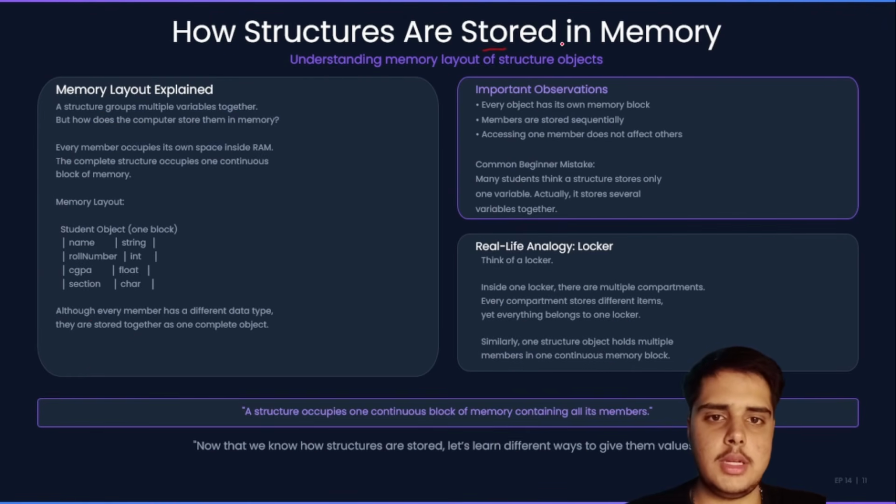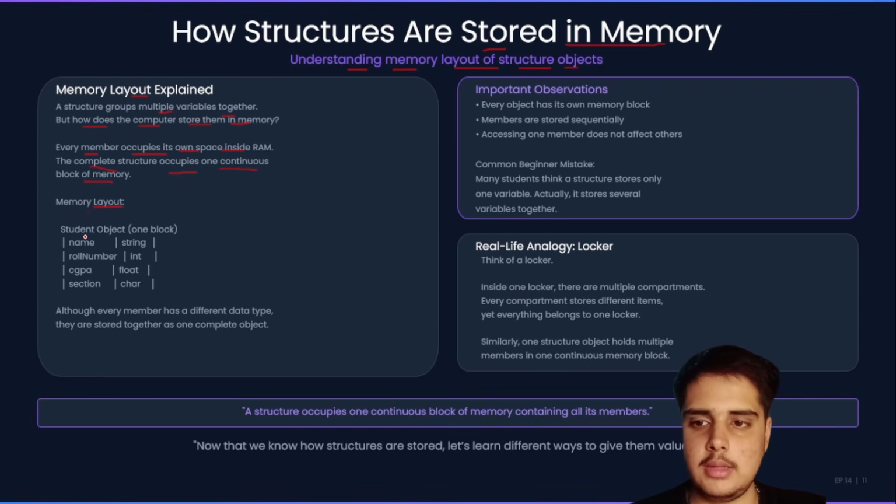So how are structures stored in memory? Understanding the memory layout of structure objects. Memory layout explains that a structure groups multiple variables together, but how does the computer store them in memory? Every member occupies its own space inside RAM, and the complete structure occupies one continuous block of memory.